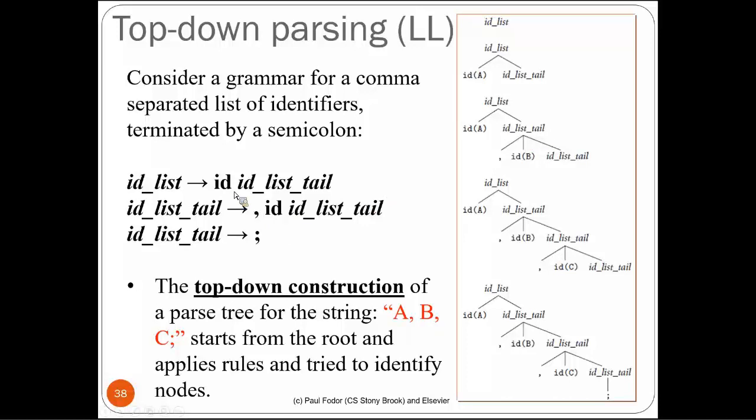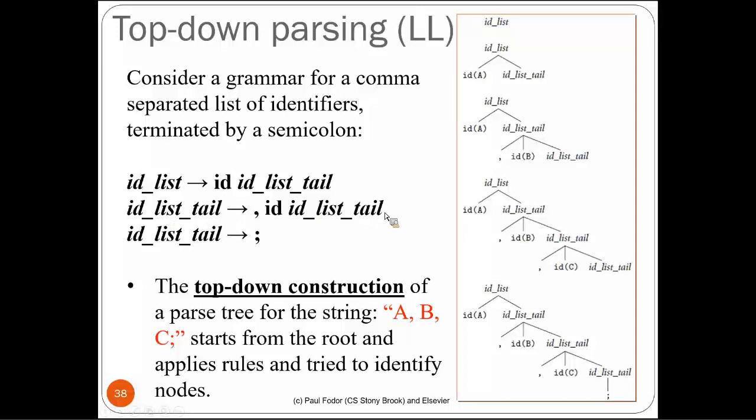So an ID list tail is comma ID followed by ID list tail, and ID B is recognized. The next symbol in the input stream is comma again. So the ID list tail, which is basically the only non-terminal that is not yet identified, must be a comma ID list tail. At this point, we also recognized C, so the next input symbol in the input stream is semicolon.